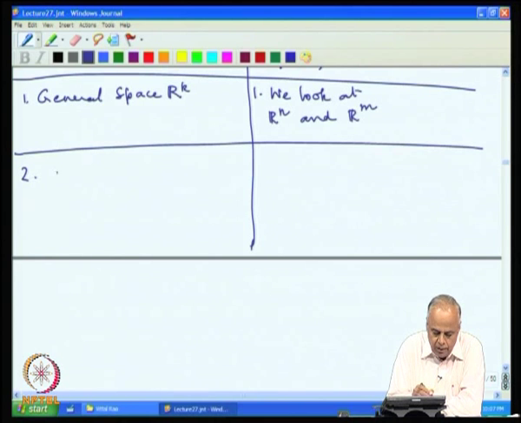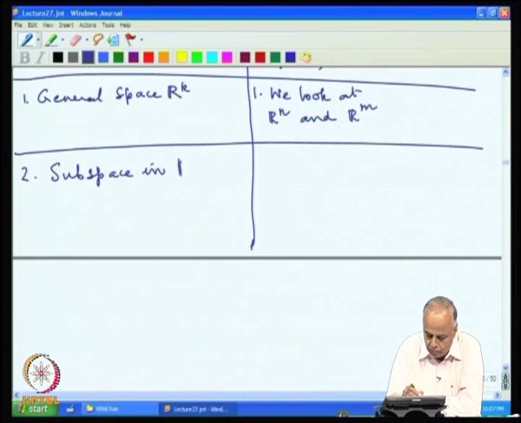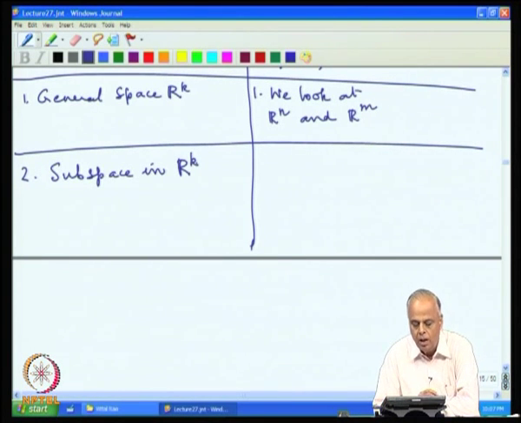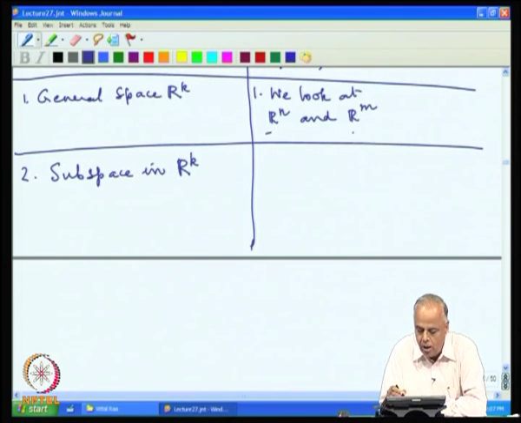Then we introduce the notion of a subspace in R^k. Now, in the matrix context, we have two situations, again R^n and R^m.